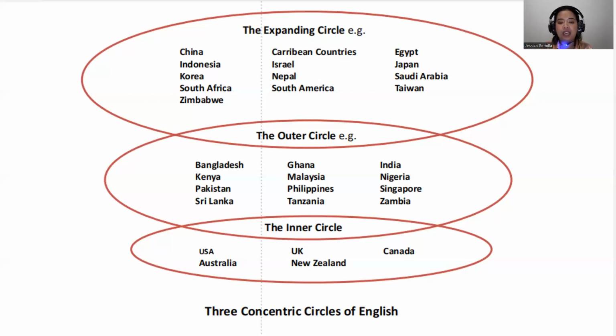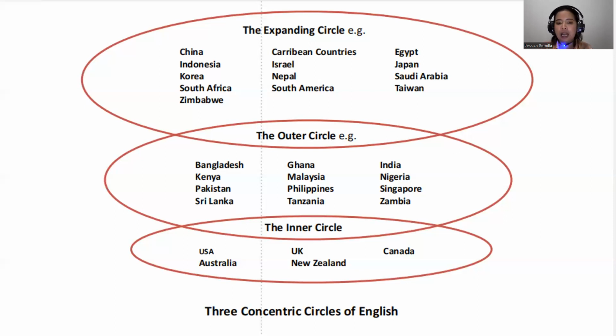If you are in the expanding circle, some of the speakers here don't really have the idea on how to speak English, or they have zero basic knowledge of speaking the English language itself. Therefore, you need to adapt to what type of language, what type of tone, and also the structure of English that they are utilizing.